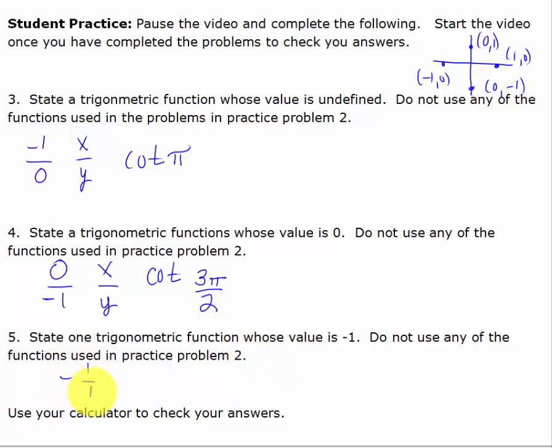If I had negative 1 over 1, I know that r is equal to 1, and if I use the ordered pair from 3 pi over 2, that's a y value that's equal to negative 1. So y over r would be sine. So the sine of 3 pi over 2 is equal to negative 1.